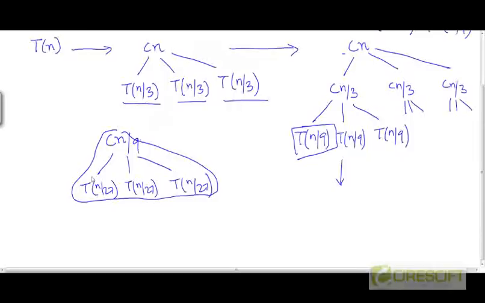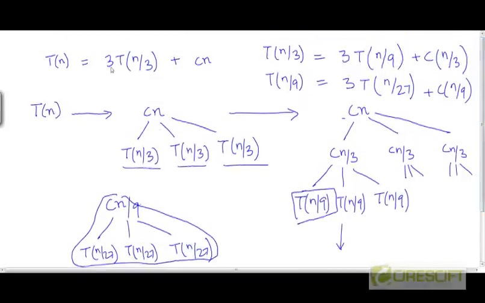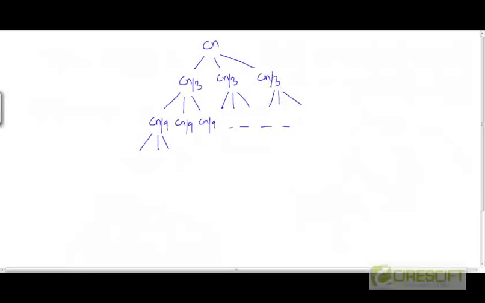If you open up T(n/27), we are going to get 3 times T(n/81) plus c·n/27. And we write c·n/27 here, and then further have 3 children for each.